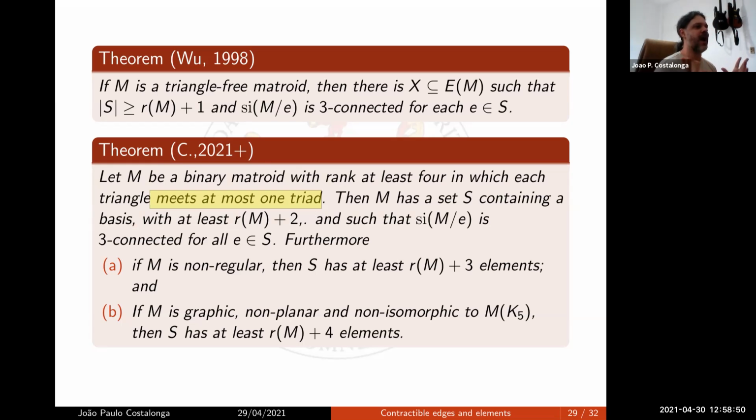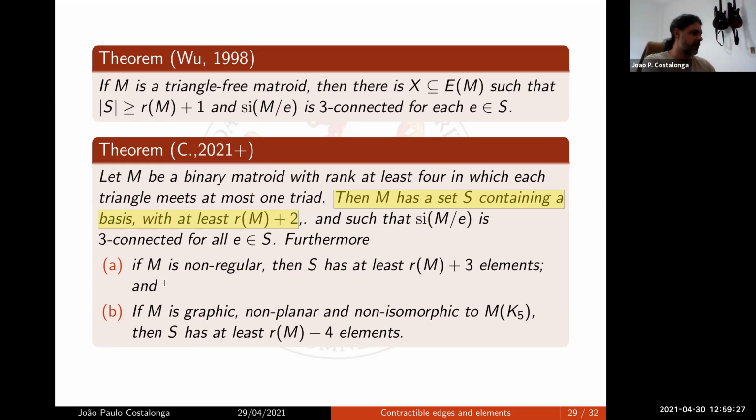You may think of a graph: in a graph, this means a triangle has at most one degree 3 vertex. It's more general than minimally 3-connected. Then this matroid has a set containing a basis with at least rank of M plus 2 contractible elements. You may think of a set containing a spanning tree with at least the number of vertices plus 1 contractible edges in the graphic case.